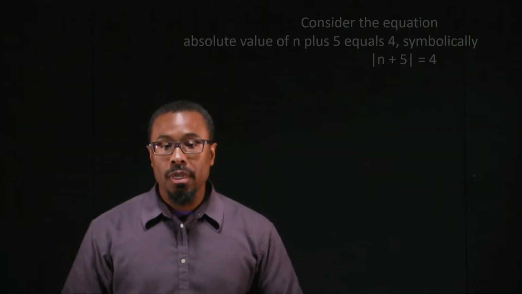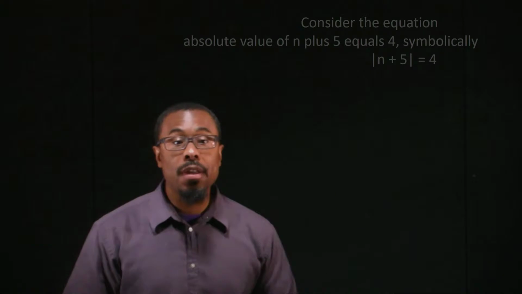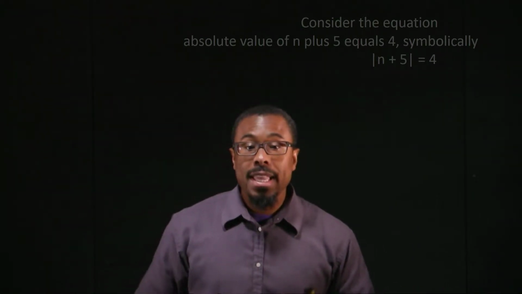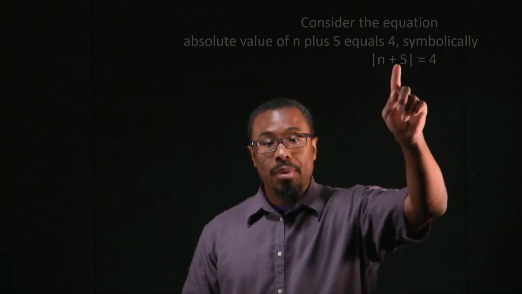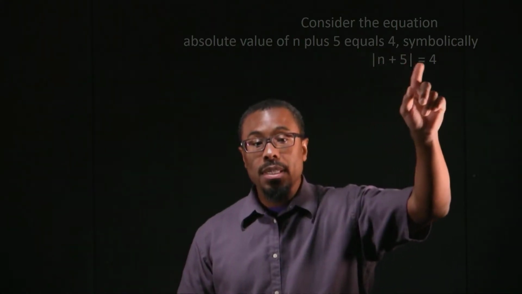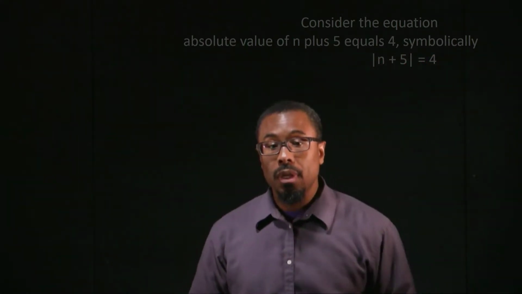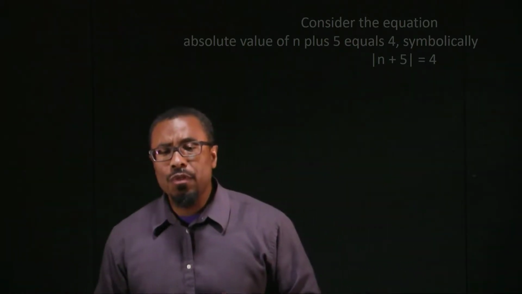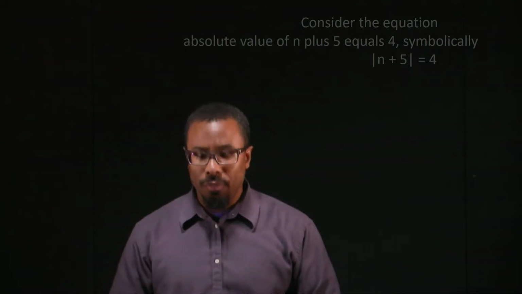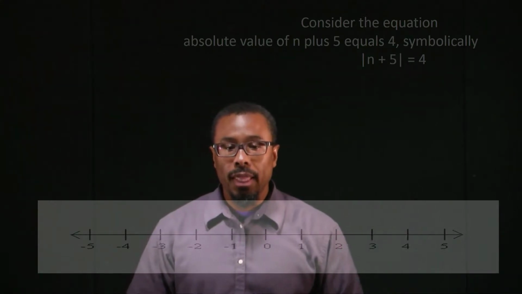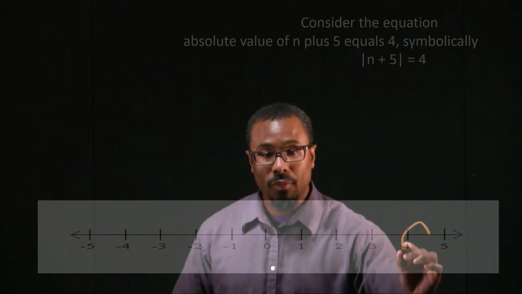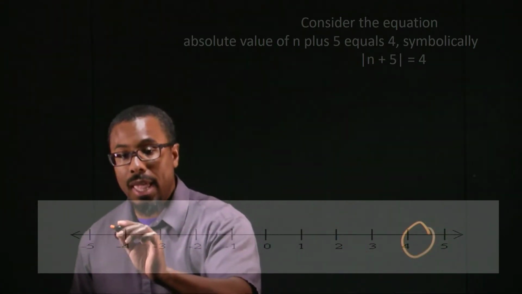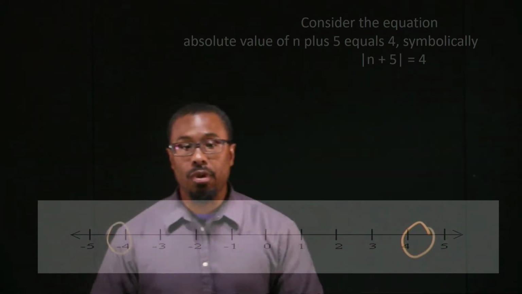Consider the equation, the absolute value of n plus 5 equals 4. Symbolically, we write |n + 5| = 4. So what is 4 units away from 0? Namely 4 and negative 4.